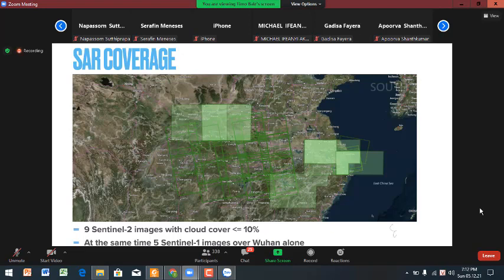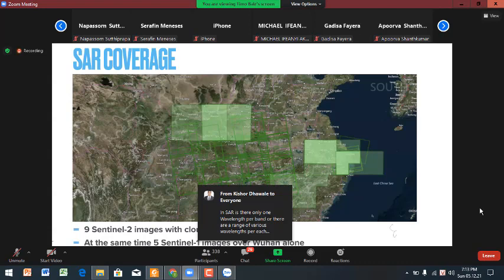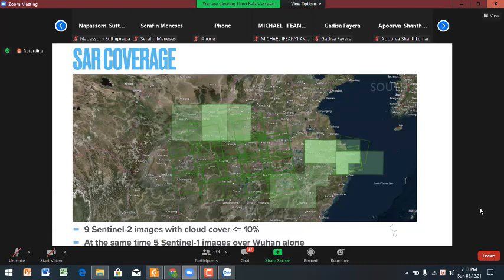Depending where you are, if you go even more south, to the tropics, it can be much worse. If you are interested in cloud-free images, and actually 10% cloud coverage is still quite a lot for some applications, you may need to wait several times to get your image, while with SAR, you can build stacks over a long time with very regular acquisitions.